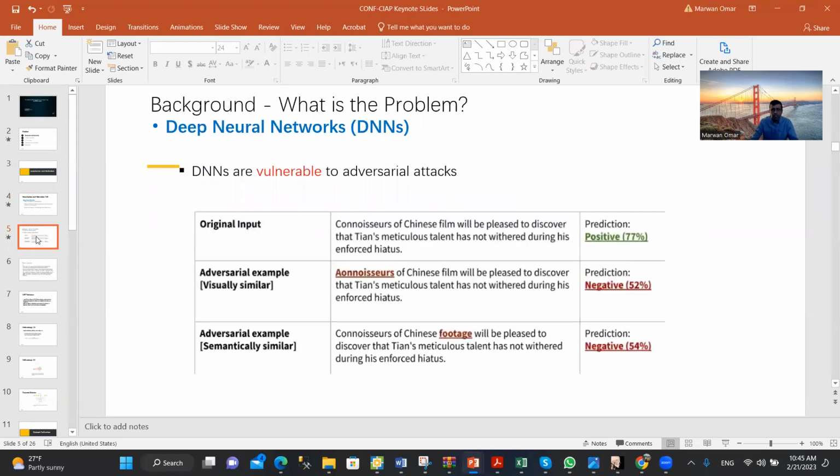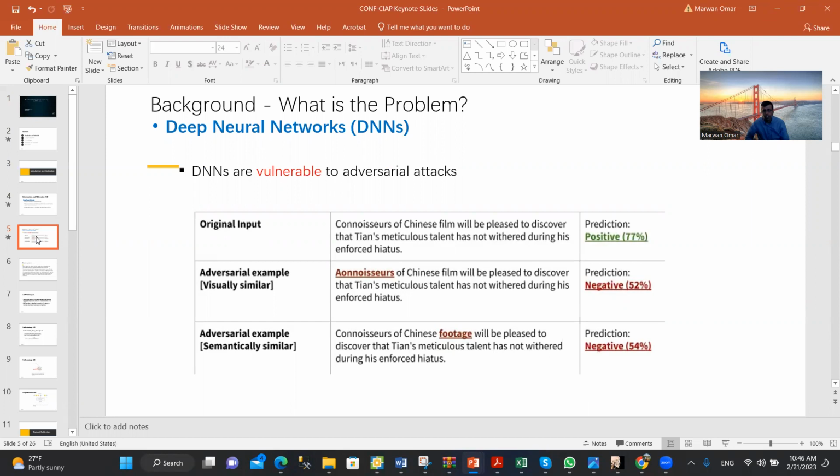In this slide, we are going to talk about a specific example related to the security and vulnerability of deep neural networks. As we mentioned, DNNs are vulnerable to adversarial attack. So here is an example. Imagine we have a text example. It says, connoisseurs of Chinese film will be pleased to discover that Tian's meticulous talent has not withered during enforced 80s.